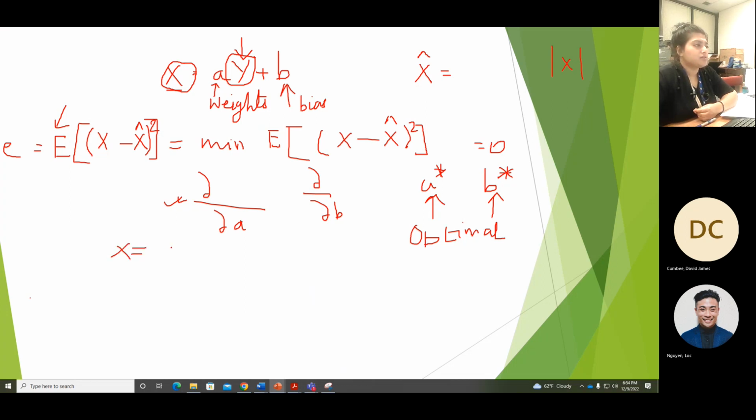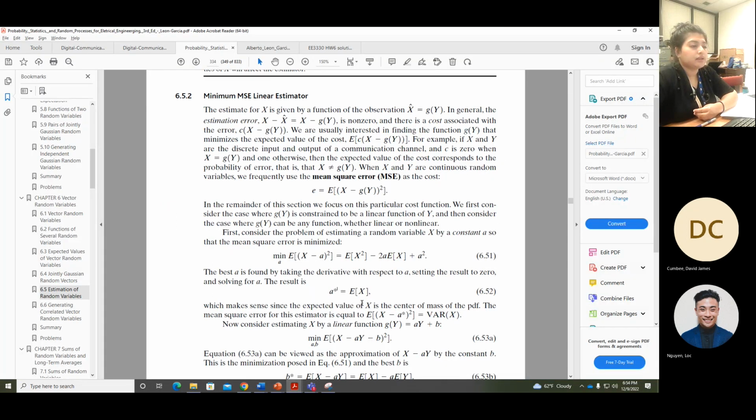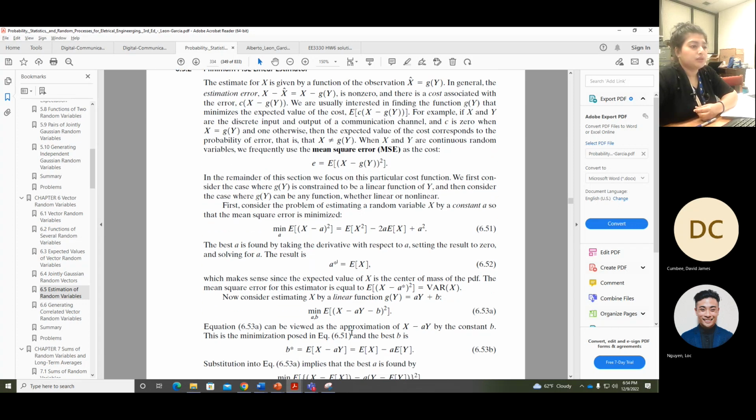So now it's A star Y plus B. Then you again differentiate it with respect to B. That's exactly what they have done though. They have substituted the A star, and then proceeded to find the B star.